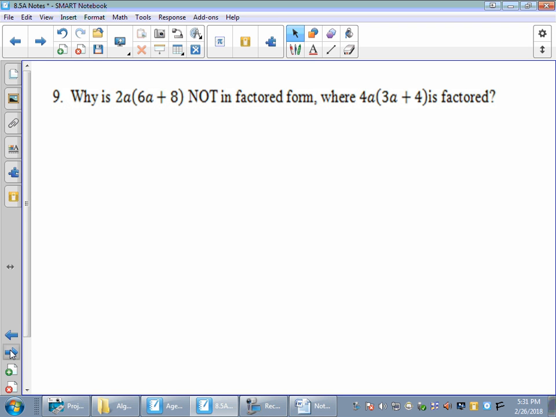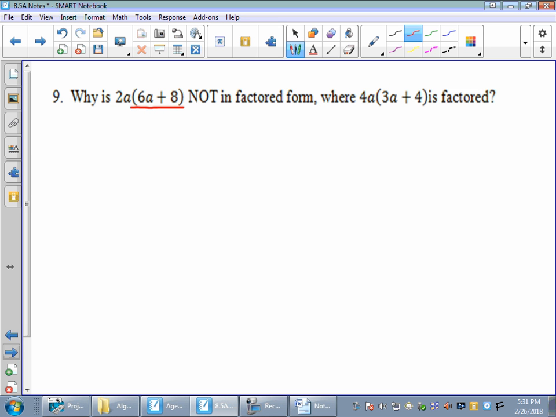I do have a question before we wrap up these notes though. Why is 2a times 6a plus 8 not in factor form, where 4a times 3a plus 4 is factored? In order to find an answer to that, I want you to look right here and think about greatest common factor.